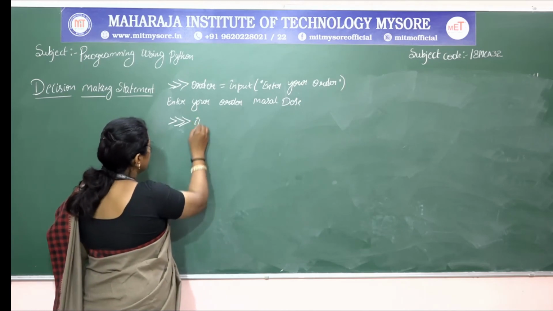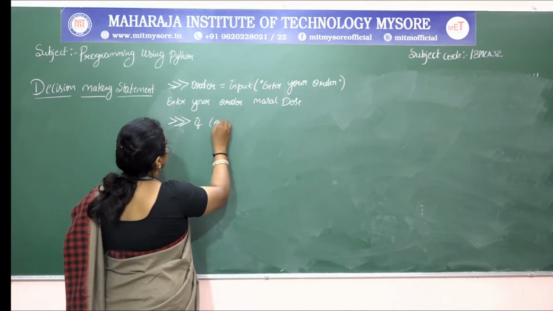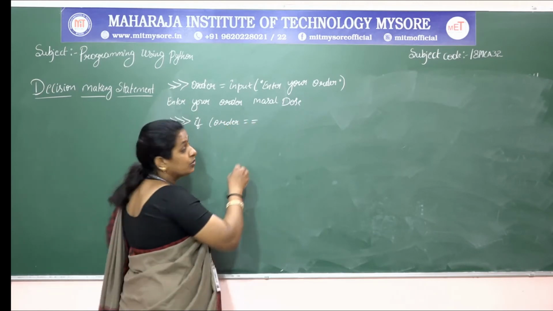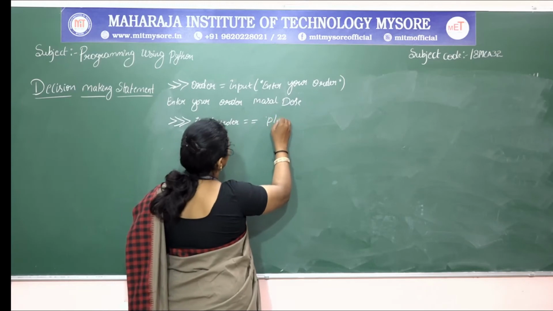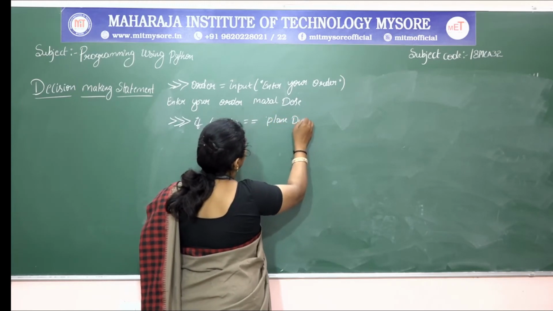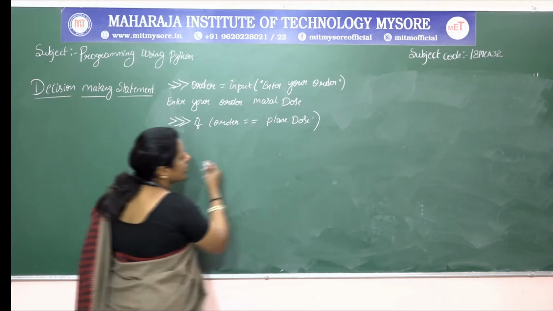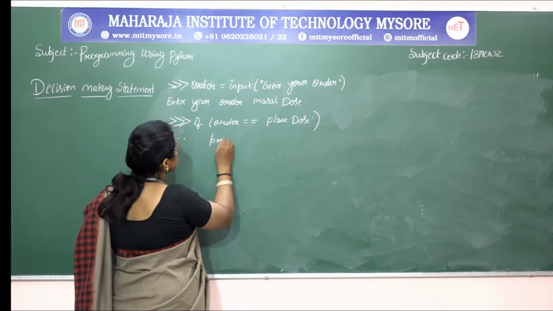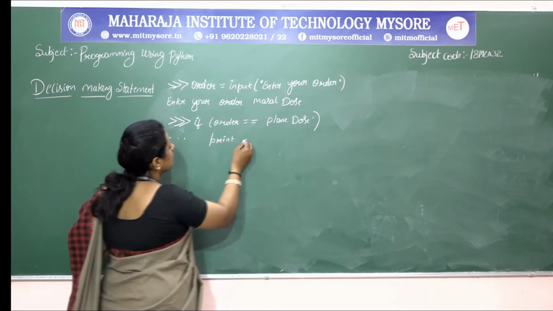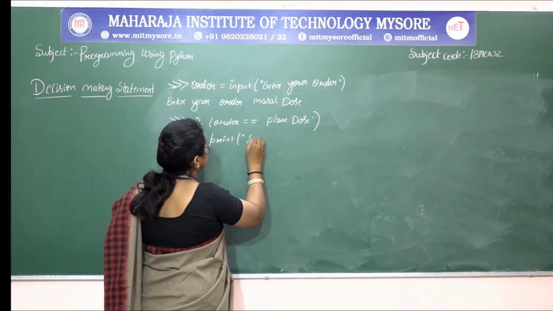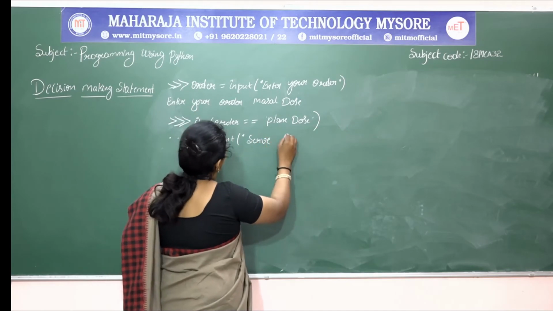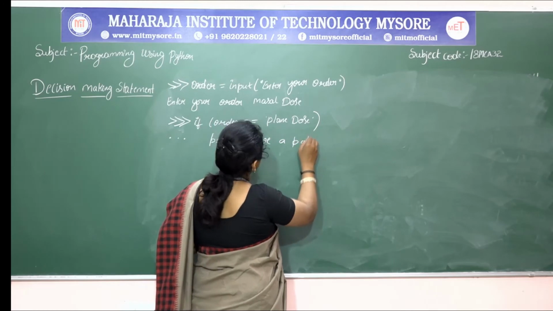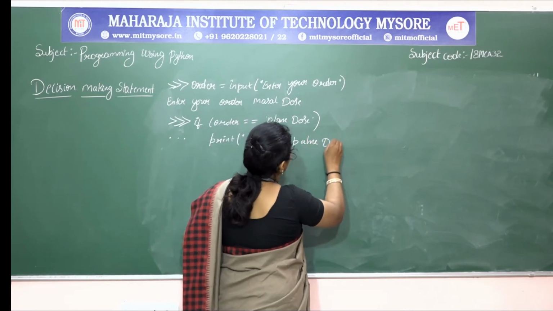So I'm just checking if order equal to plain dosa. Okay, if this is the plain dosa, print, I'm taking a space, print, serve the plain dosa. Yes, serve plain dosa.